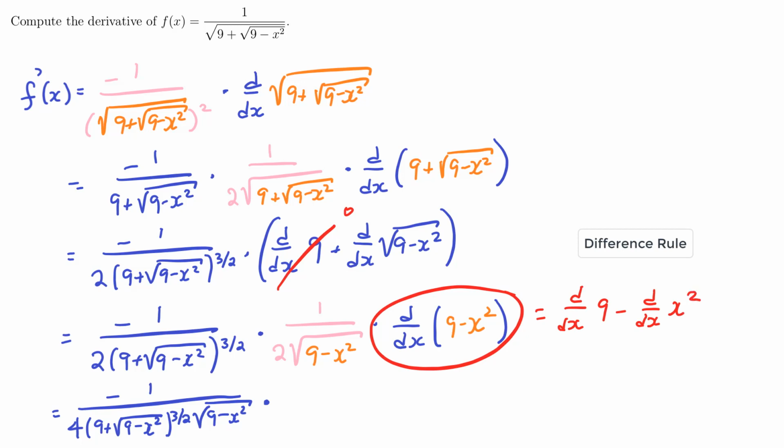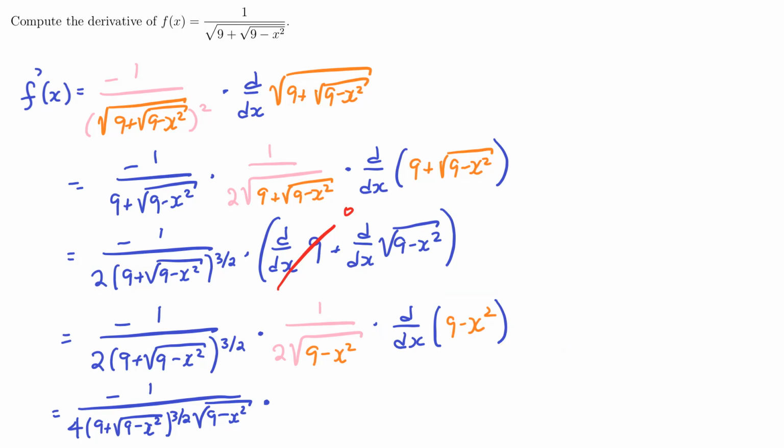We know the derivative of 9 is 0, and so we're left with negative 2x. So let's plug this into our solution here. And finally, let's simplify our answer slightly.